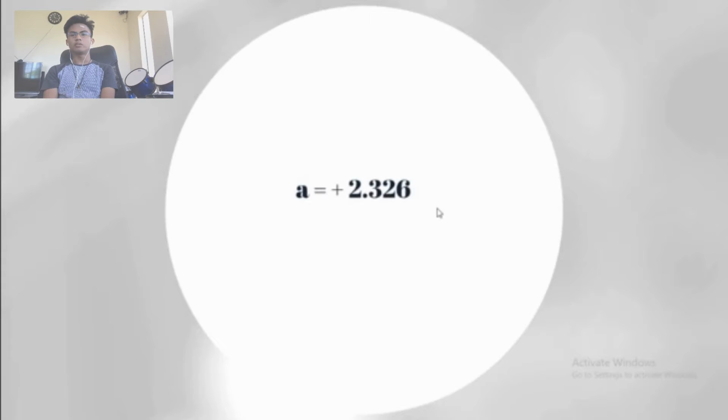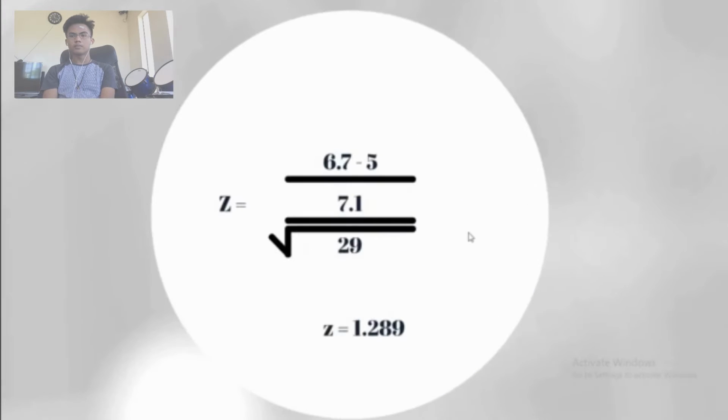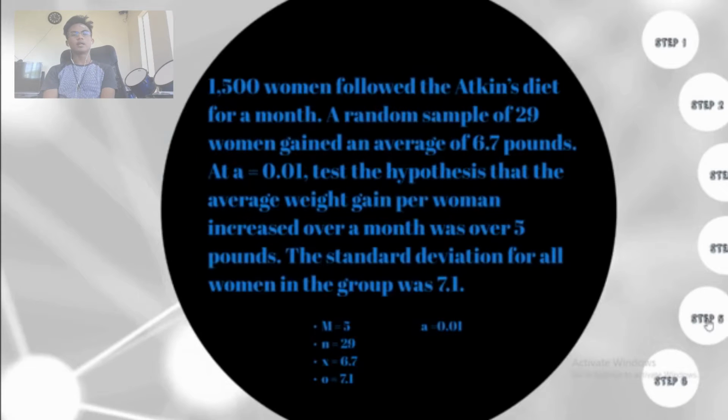So let's proceed to step 3, which is finding the critical z value, which is positive 2.326. Step 4 is solving the problem, which is z equals 6.7 minus 5 over 7.1 over the square root of 29, which gives us z equals 1.289.